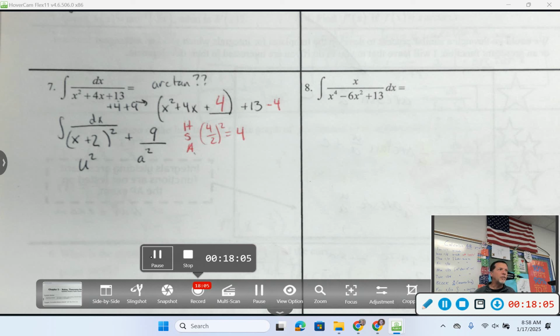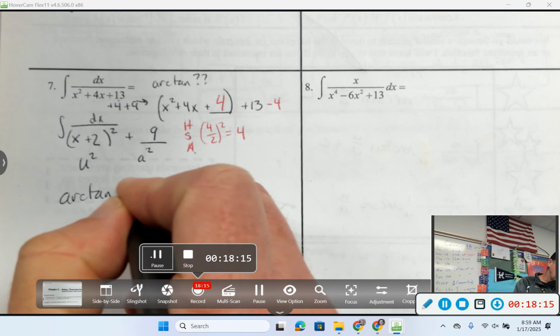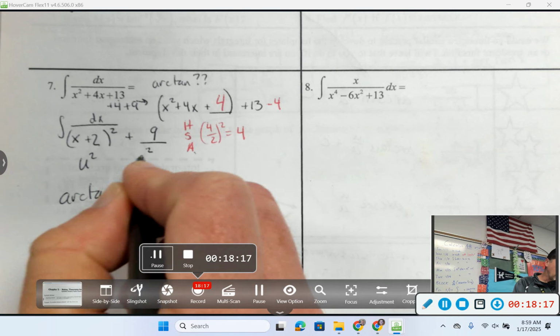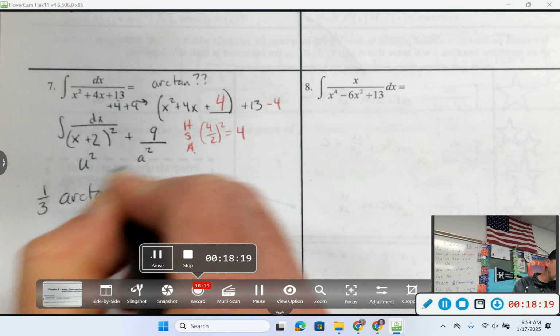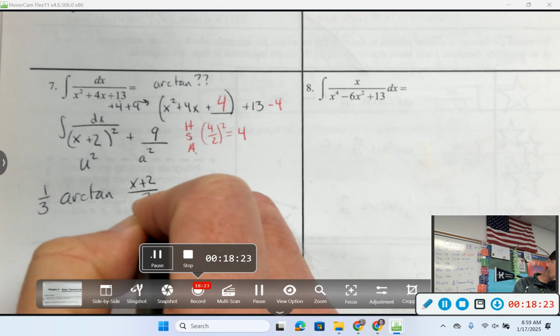Well, how did you know you needed a 4? You half it, square it, add it. Arctan. Okay, so I'm shortcutting this one. I've not said what a and u are, so I'm just going to jump to x plus 2 over 3.